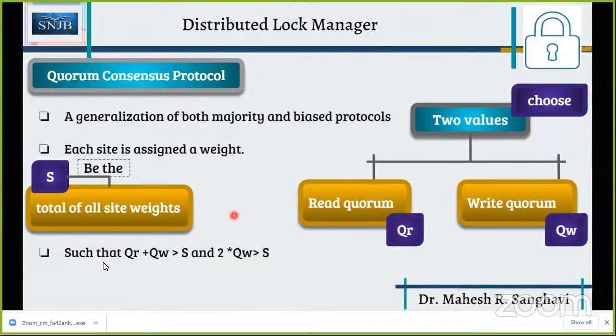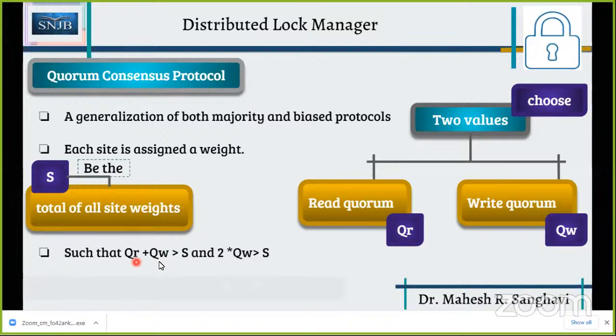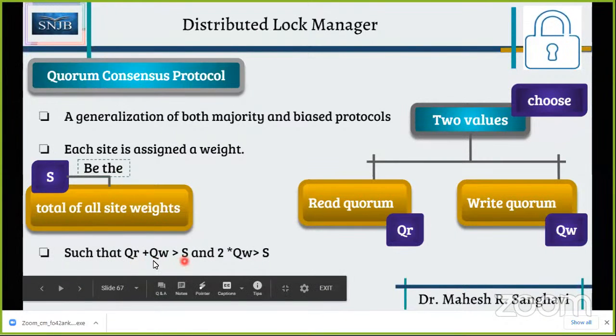Based on it, we need to focus on this particular formula. Each site is assigned a weight such that QR plus QW should be greater than S. Means the value of read quorum plus the value of write quorum, its addition, should be greater than the total weight of all the sites, that is S. And in case of write, 2 into QW should be greater than S. So write quorum, we need to double it by multiplying by 2, and it should be greater than S. So this is the condition.